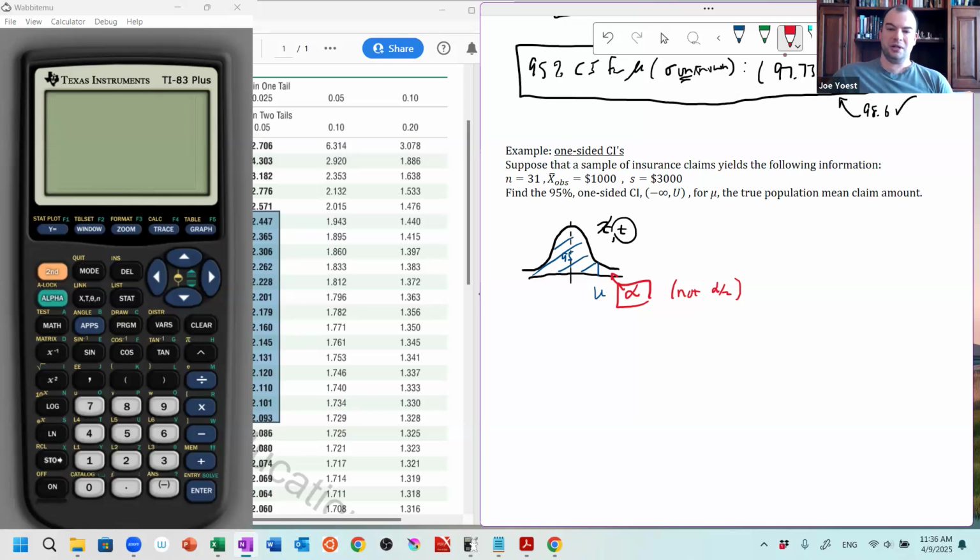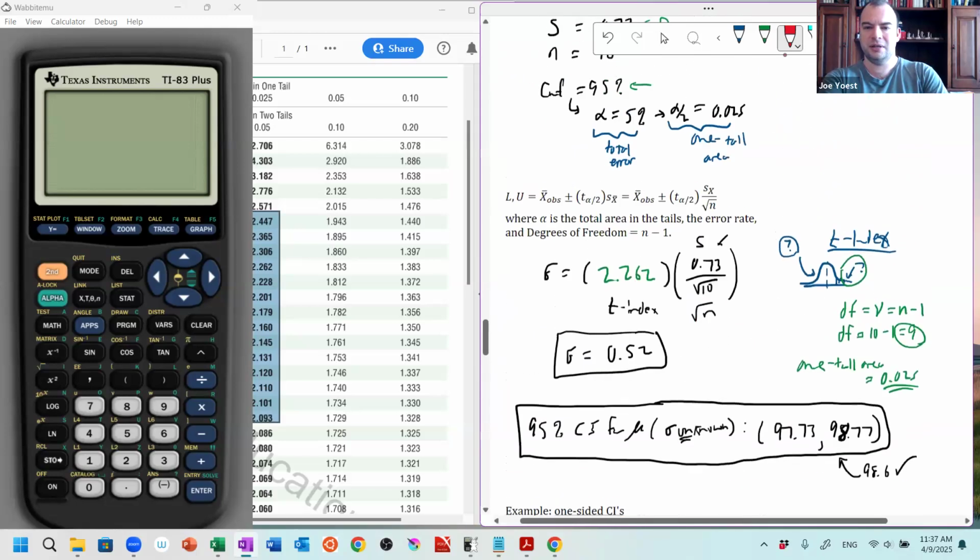If I set the upper bound really, really high and it really covers mu, I still have a success. I can't miss by setting my interval too far to the right. I can only miss by setting it too far to the left. So I don't need to split my error rate between two separate tails. All the error rate just gets pushed into one tail.